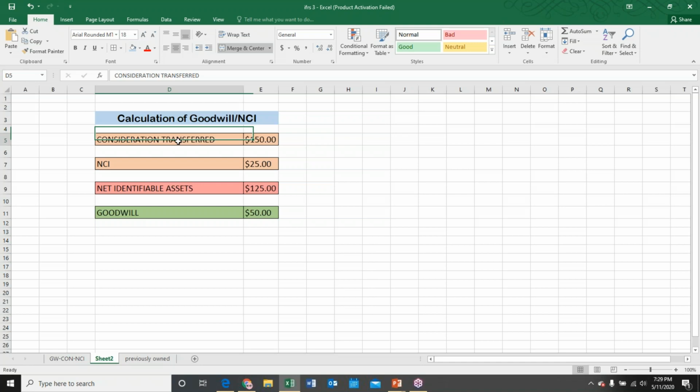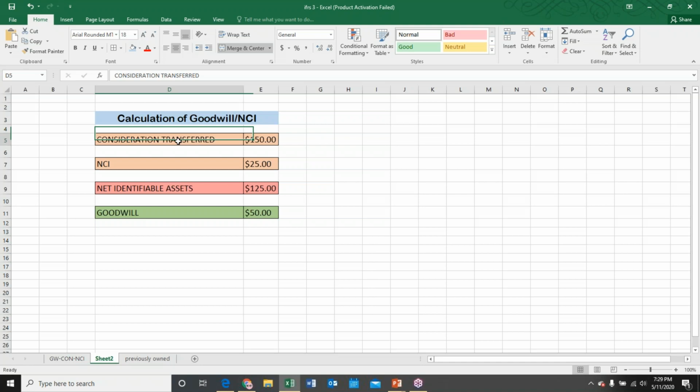This is actually 20%, because 80% was acquired by AC. The NCI is at the proportionate interest in the net assets.